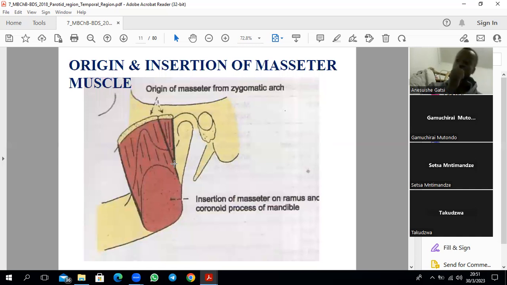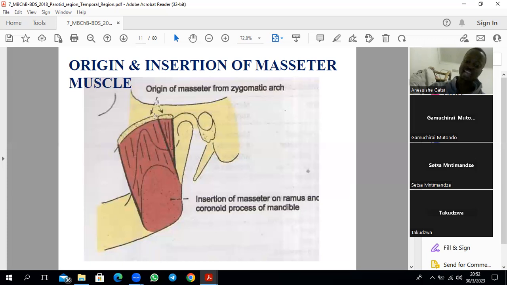Then the masseter muscle. I know I didn't talk about the masseter with the infratemporal fossa, neither is the masseter in the temporal fossa, but we need to know about the masseter. So masseter inserts onto the ramus of the mandible here on the outside.